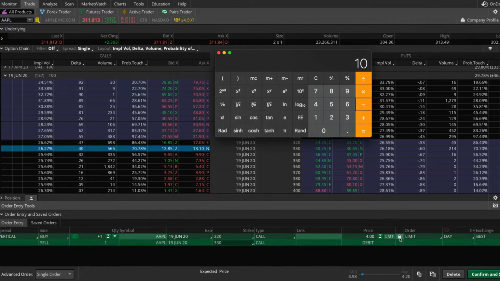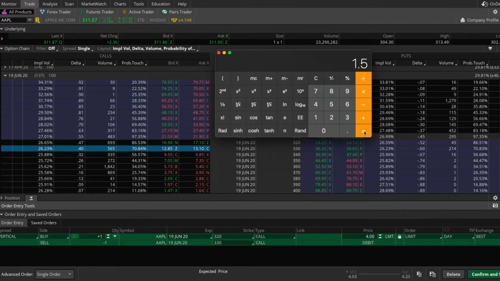So always lock the trade, critical, lock the trade. We can sell this for a maximum of $10. It costs us $4. We have a profit of $6. And if I divide the $6 by the 4, that gives us 150% profit on this Apple trade.